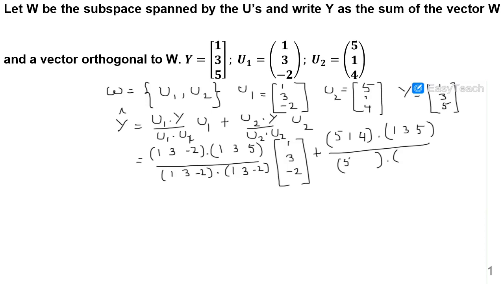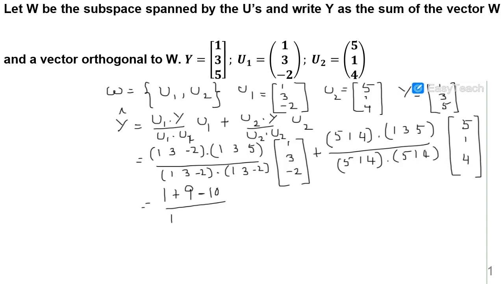(5, 1, 4) multiplied by (5, 1, 4). When simplifying this, I get 1 into 1 is 1, 3 into 3 is 9, minus 2 into 5 I get minus 10.